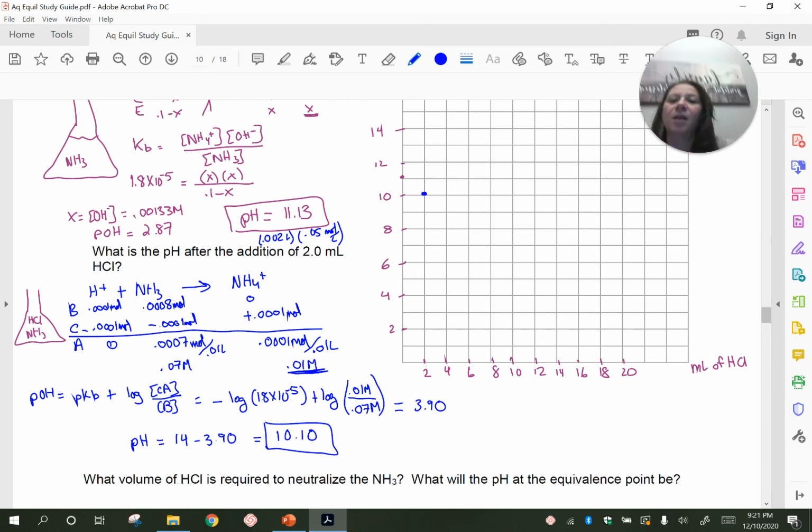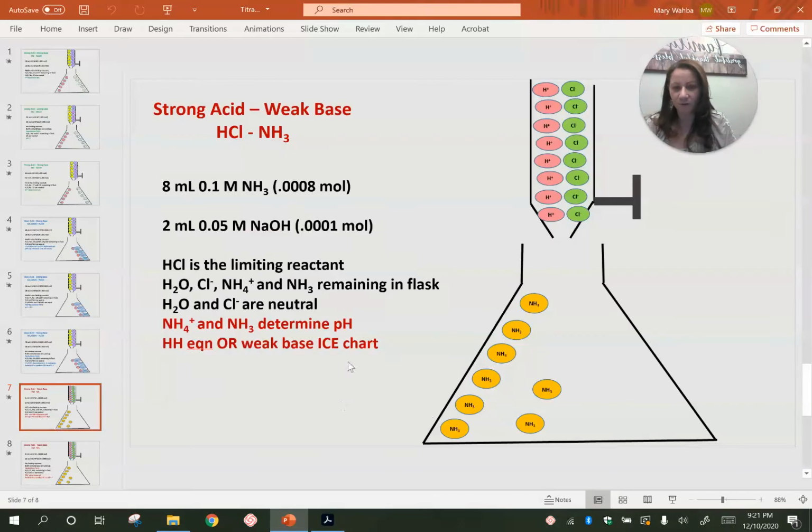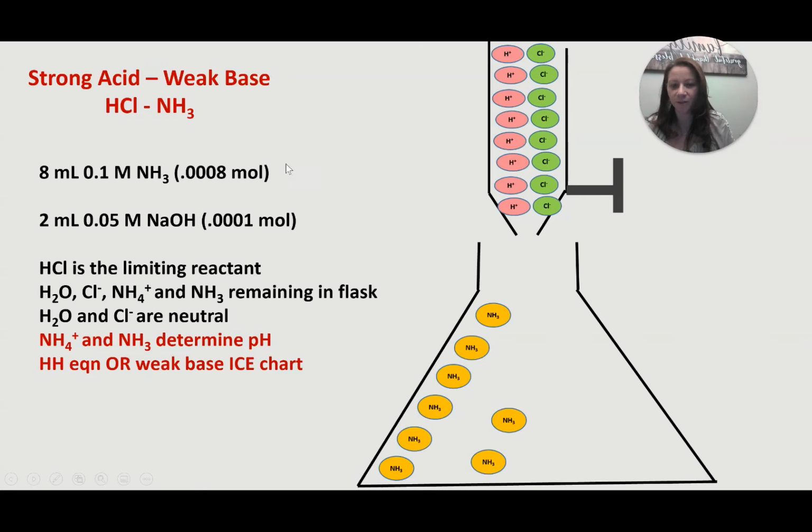Okay? Let's look at an animation for what is happening with this one. So I'm going to go ahead and show my slideshow here. So I have 8 milliliters of 0.1 molar ammonia. That's equivalent to 0.0008 moles, like we saw.